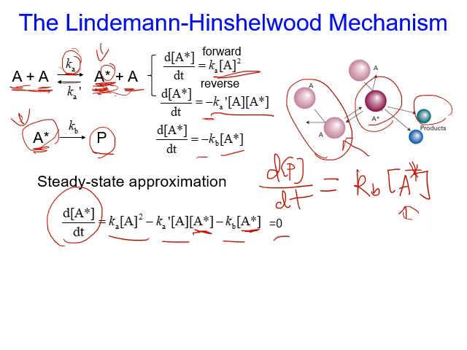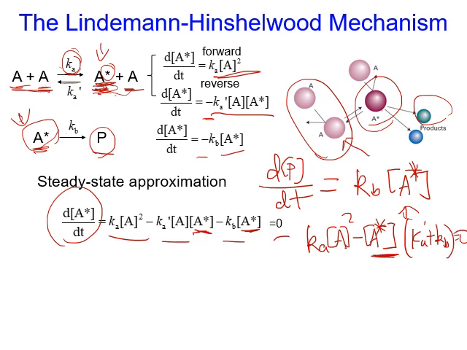So we can factor out. This equation becomes Ka A squared minus the intermediate concentration times (Ka prime A plus Kb) equals 0.